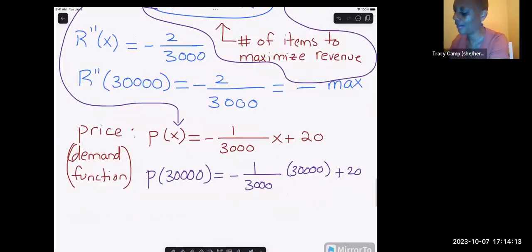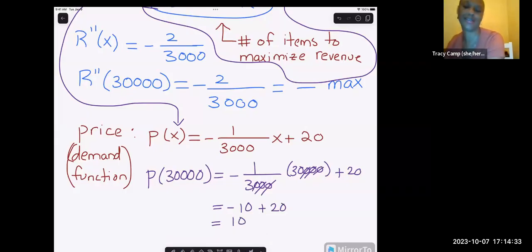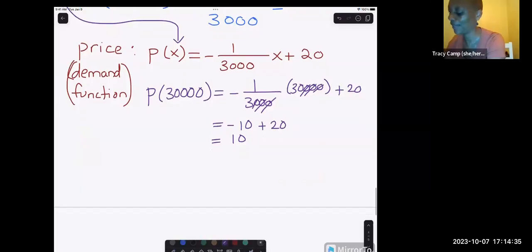And I end up with, okay, 30 over 3, I can handle that. That's negative 10 plus 20, which is $10. That's the amount of money we have to sell this dog food for. $10 a bag.